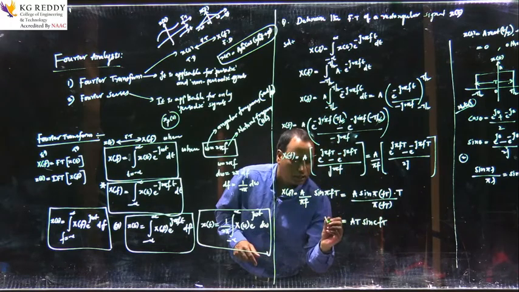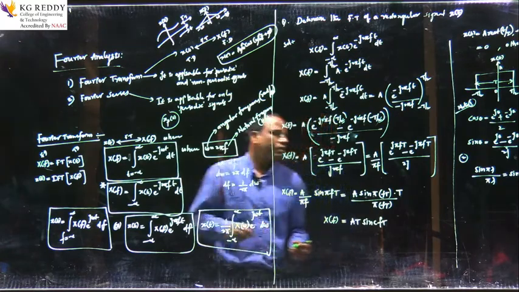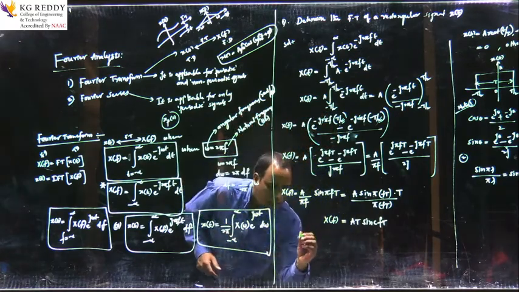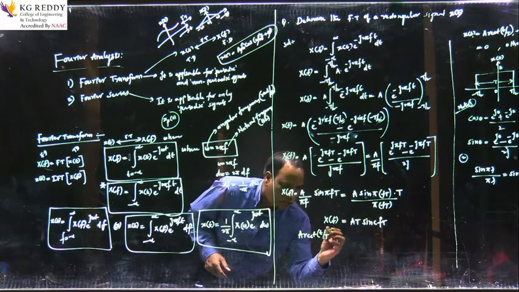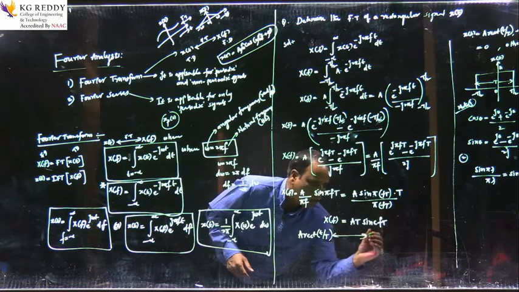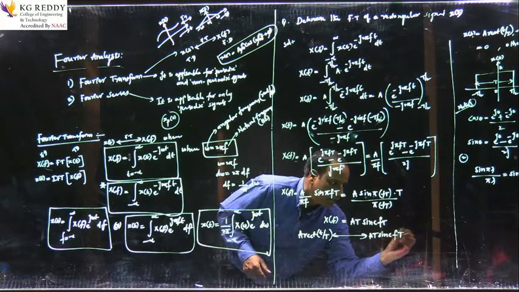So this is the Fourier transform for the rectangular signal. That means when I say a rect t by T, the Fourier transform is a T sinc fT.